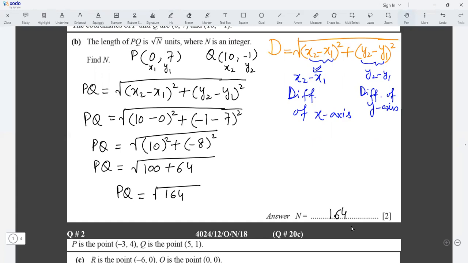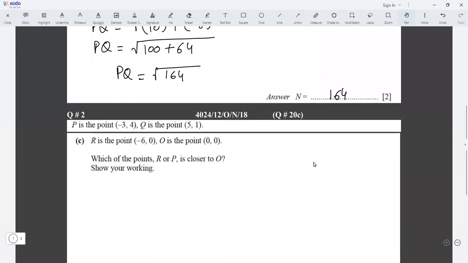So we are quickly moving towards the second type of question. In the second type, 2 points, P and R, and O are given for this specific part. I've taken part C of question number 20 in the October November 2018 paper.